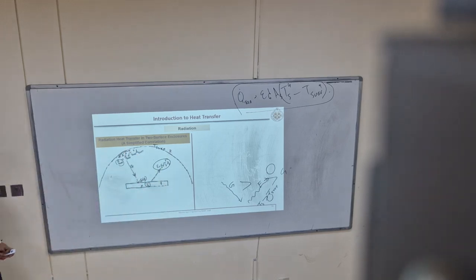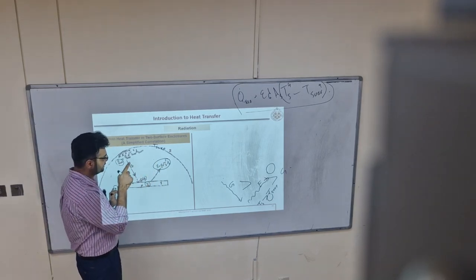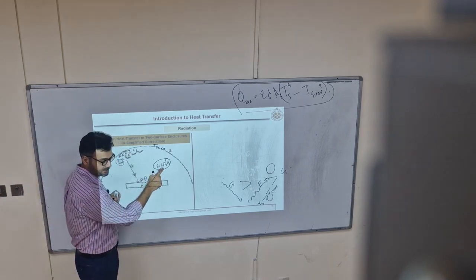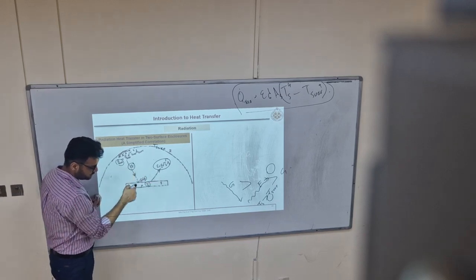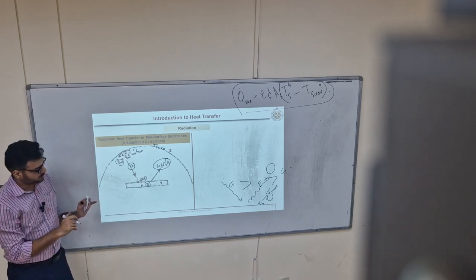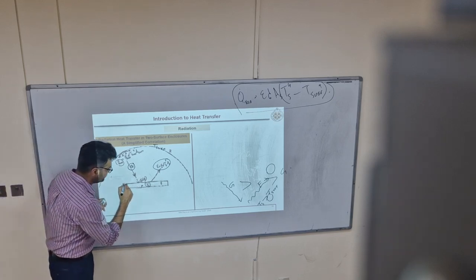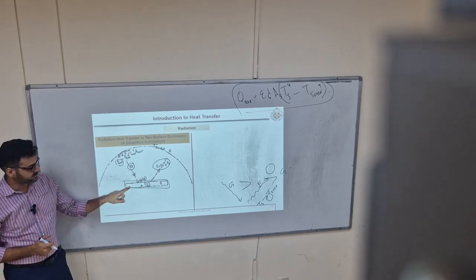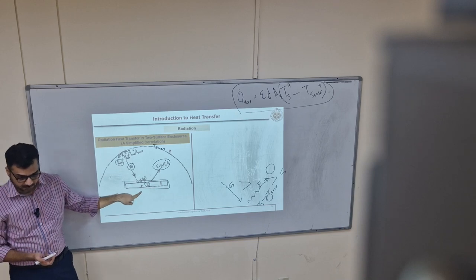Okay. Now we want to find out how much is the net heat exchange between these two bodies. The radiation emitted by that body is this much, the radiation emitted by this body is this much. And this radiation emitted by the surrounding also becomes irradiation for this one, right? So now here our body which is of concern to us is this one. We want to find out radiation leaving, net radiation heat exchange from that body.